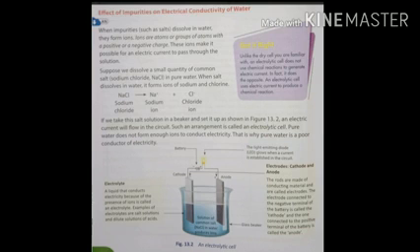Now let us understand the effect of impurities on the electrical conductivity of water. When impurities such as salt dissolve in water, they form ions. These ions make it possible for an electric current to pass through the solution. For example, let us dissolve a small quantity of common salt, sodium chloride, in water.